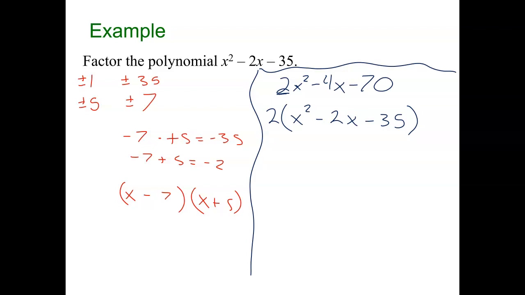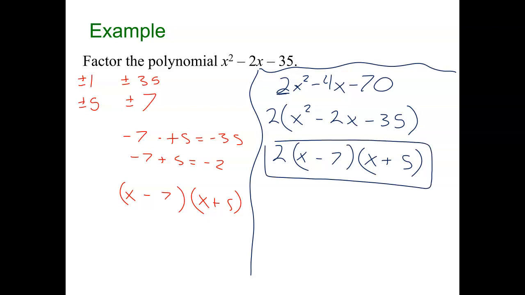This 2 is still part of my expression, but I can factor it out first, and now I'm left with something that I can factor, as we did here, and we still end up with something similar, but just a little bit different because we had that GCF. So if you have a greatest common factor, you can factor it out first, and then keep going. Keep going if you can factor the trinomial, and that 2 is still included in part of your answer.